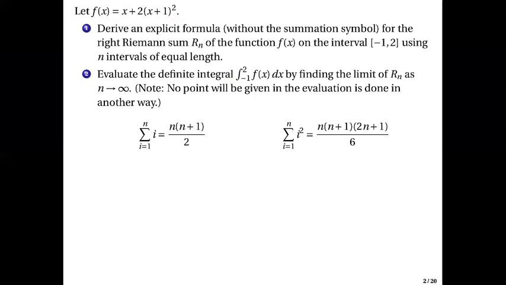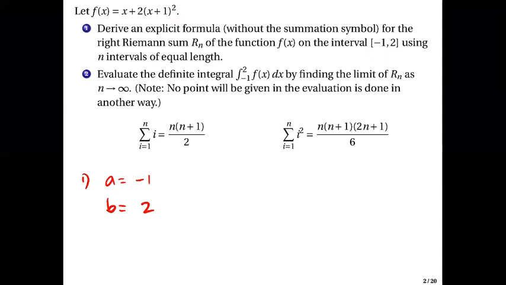So to start, first we have our a, that's the left endpoint, which is -1. Our b, this is +2. So they come from this interval here, okay?